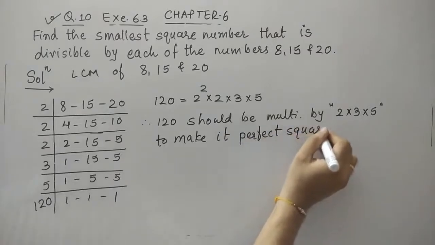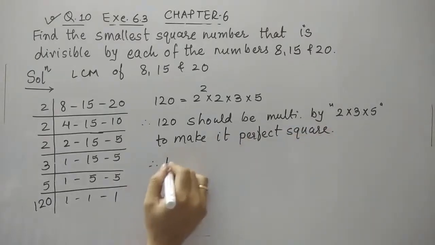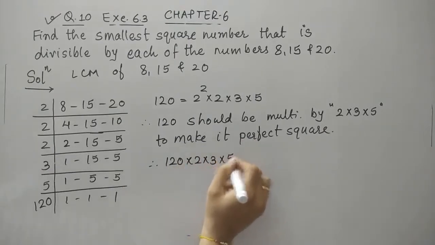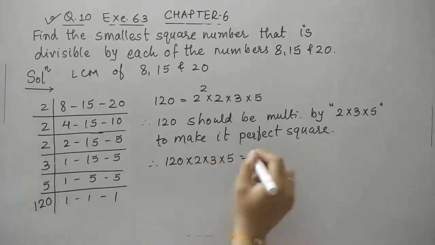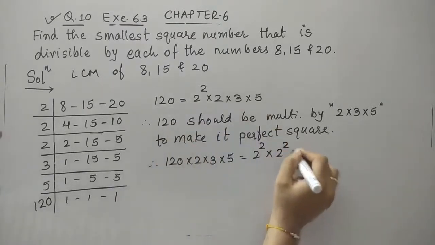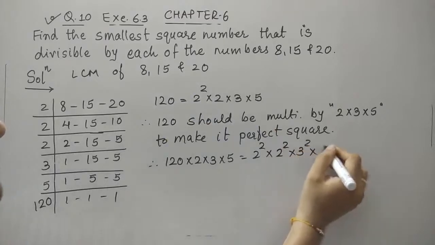So let us multiply this number 120 with 2, 3 and 5. This number is 30. So 2 square is already there. One 2 multiplied, so it becomes 2 square, 3 square and 5 square.